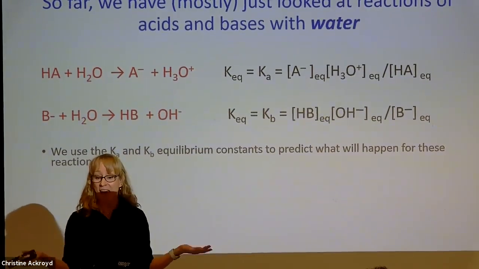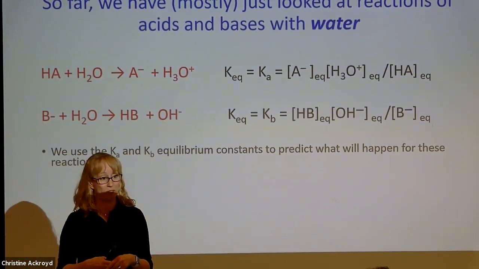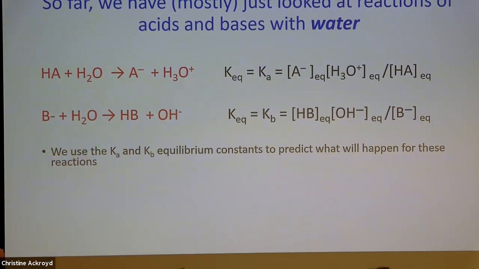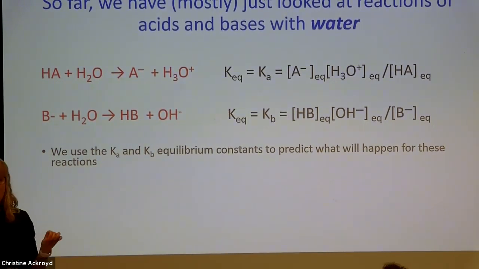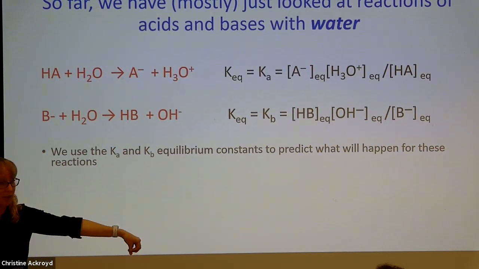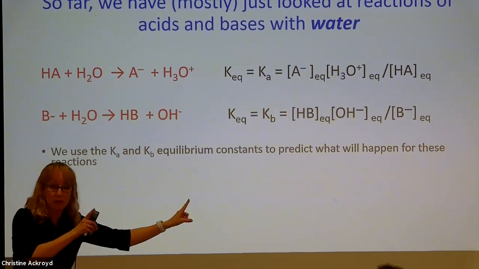We don't actually have an equilibrium. You have to extrapolate. And actually, you're going to be really good at extrapolating. It makes a lot of sense. We can use the strength of the acid and the base and the strength of the conjugate acid and the conjugate base to figure out which way the equilibrium will lie.